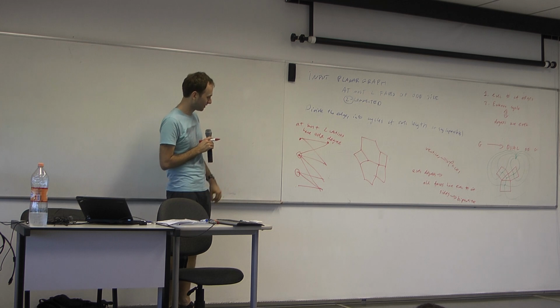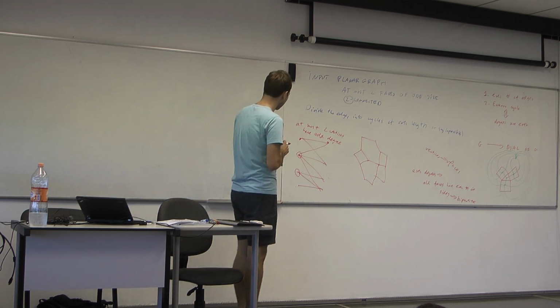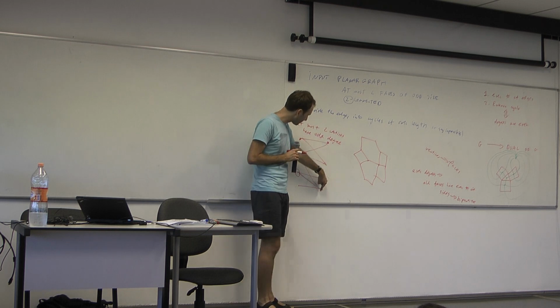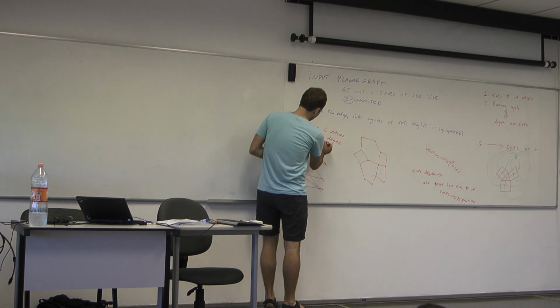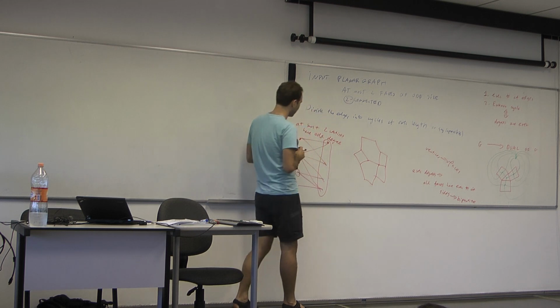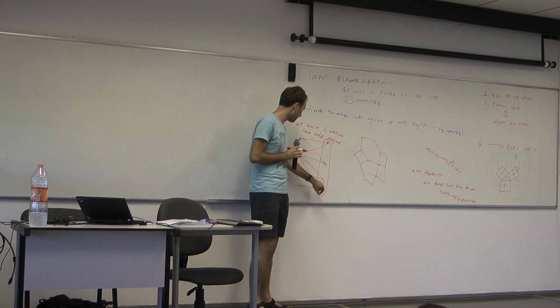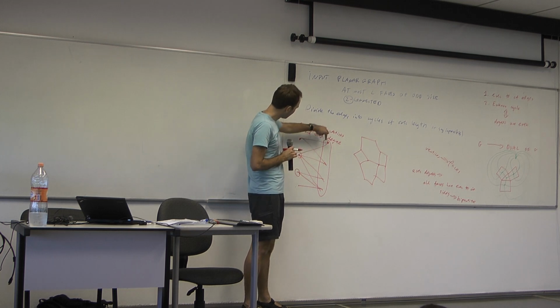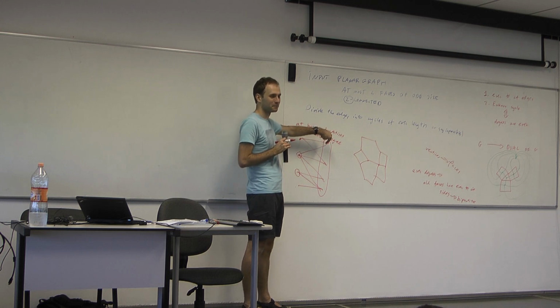Okay, and this is the moment when we're almost there. So we have a dual graph in which one side consists of vertices of even degree. These vertices are faces in the primal.